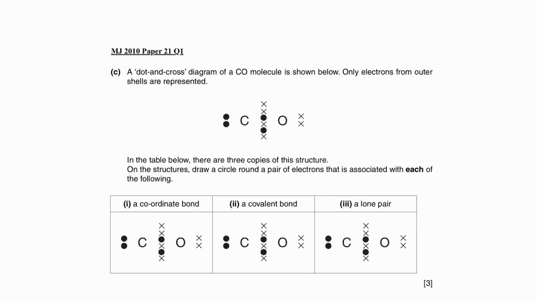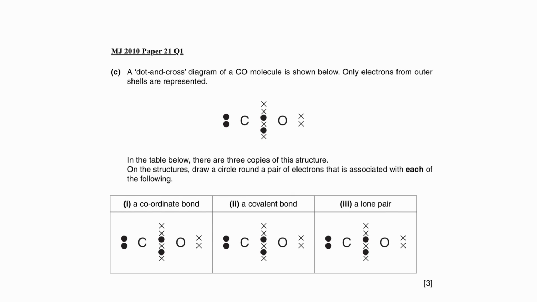This is a question from May-June 2010, paper 21, question 1C. The question wants us to show which one is the coordinate bond, which is the covalent bond, and which one is the lone pair. So they want us to draw a circle for the type of bonding electron.